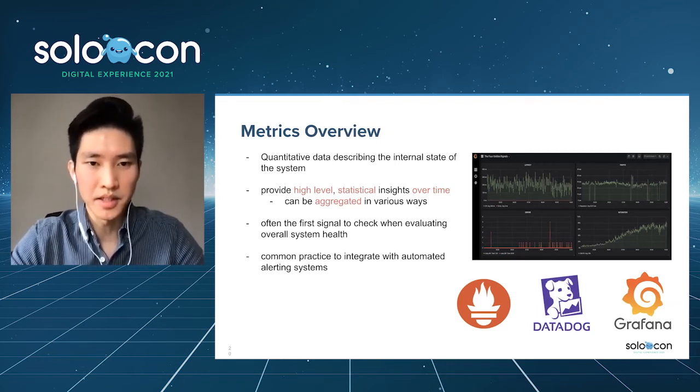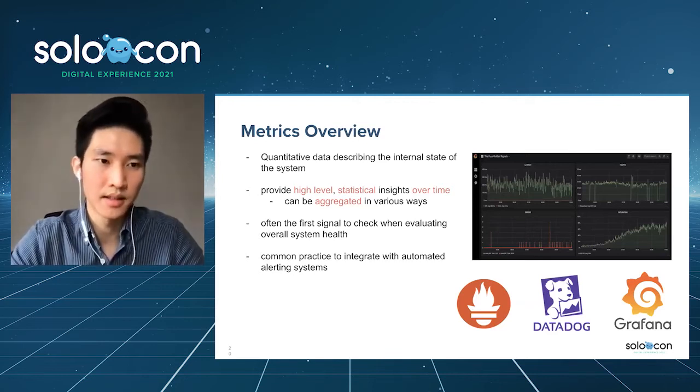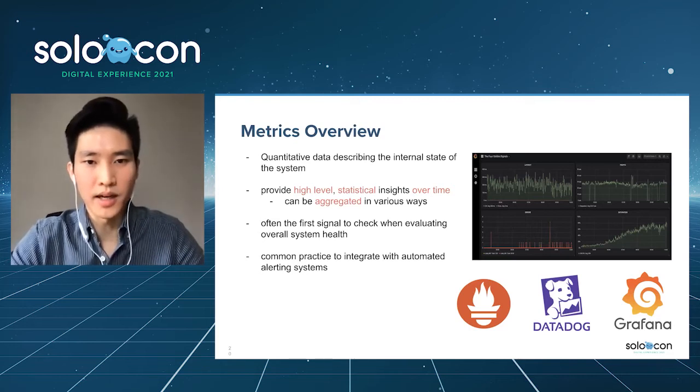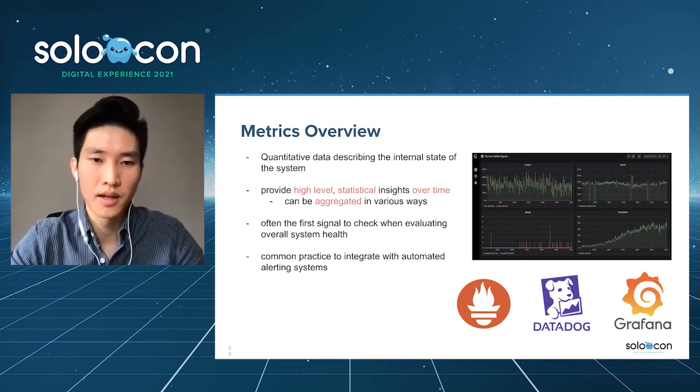Some commonly seen metrics include measures of hardware usage, such as CPU and RAM consumption, as well as measures of network activity, such as requests per second and response latency. Metrics provide us with high-level insights over time that summarize the overall performance of the system. And for this reason, they're often the first signal to check when evaluating overall system health.